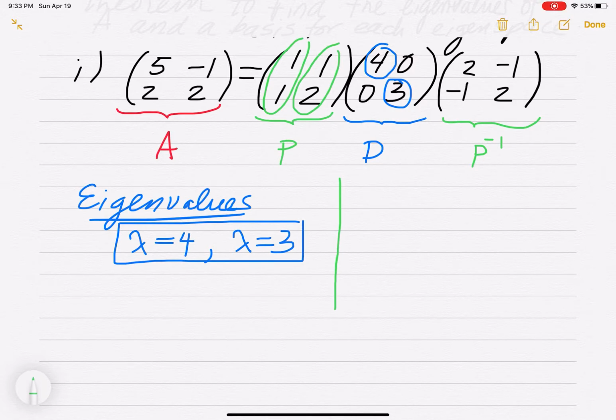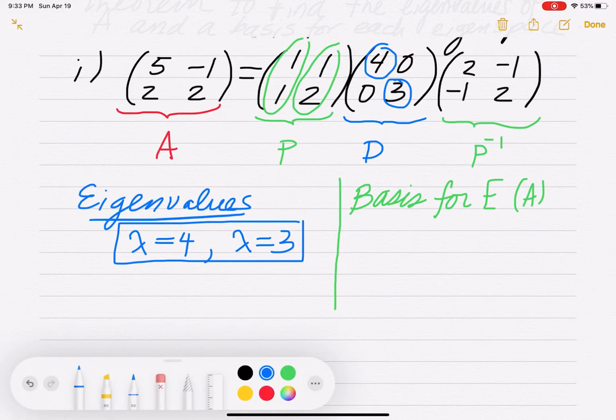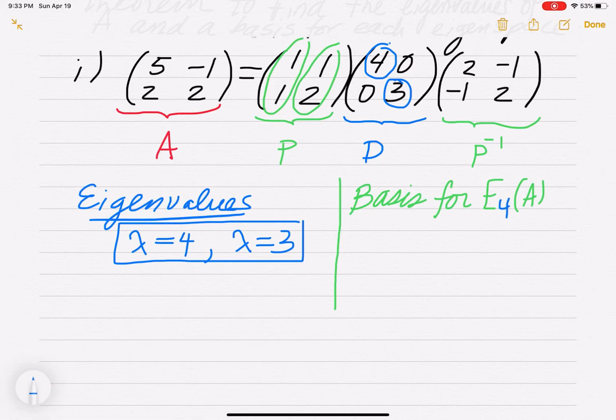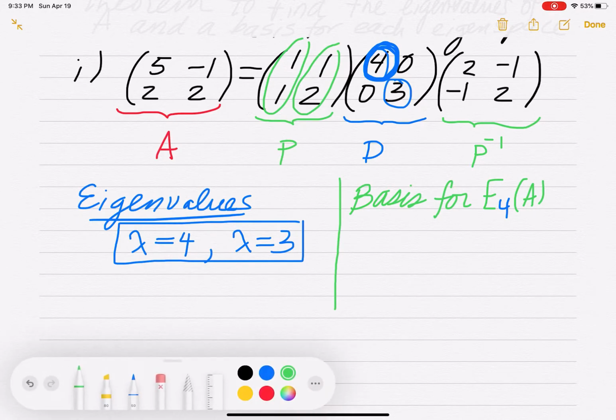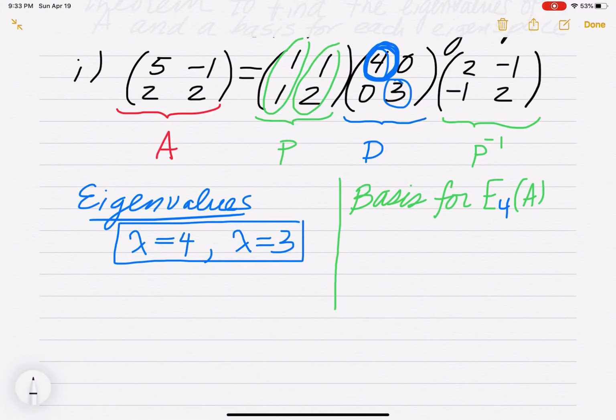So we want to do a basis for the eigenspace of A, first of all associated with 4, right? 4, that was our first eigenvalue. So that means the first column of P, right here, is going to go along with the 4.